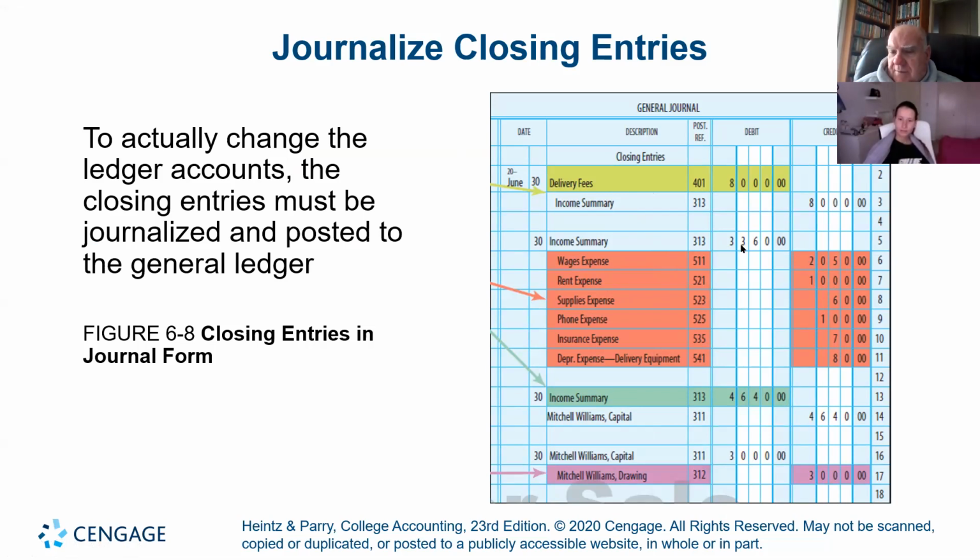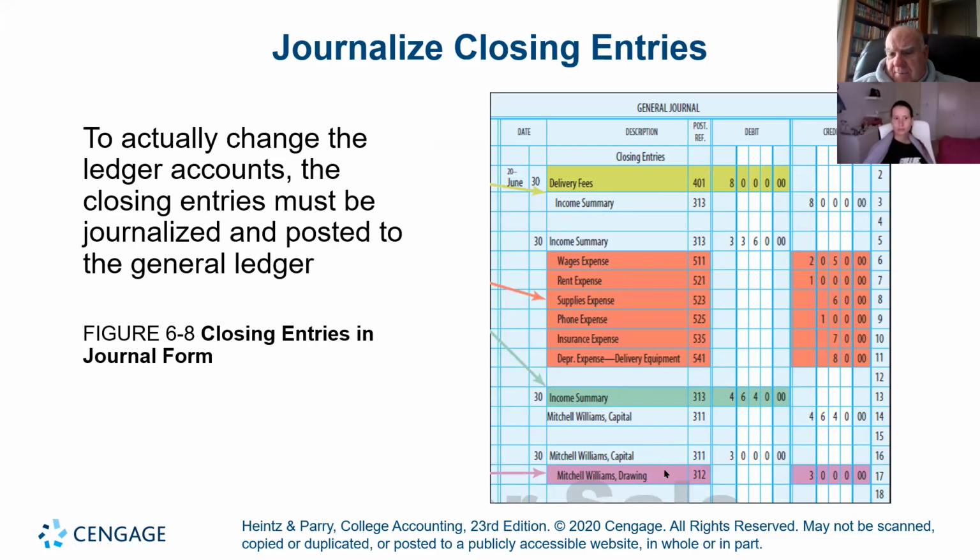So the balance in the income summary now is 8,000 minus the 3,360, which represents your profit. Now we can update equity or capital by crediting it and getting rid of the income summary. So the income summary is kind of a middleman, if you will. It's just there to help us at the end of the month.